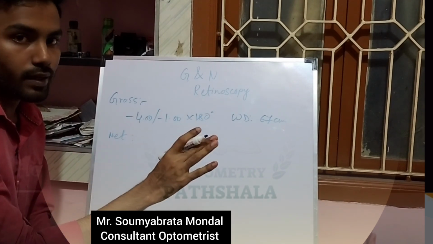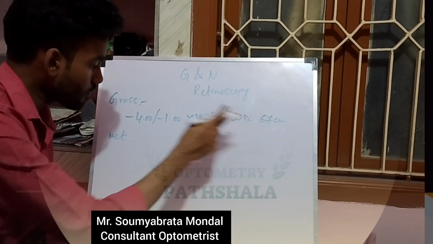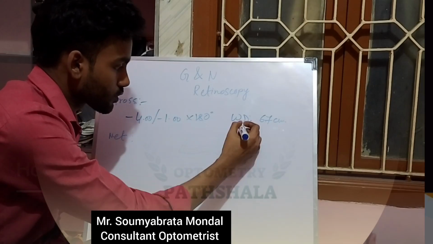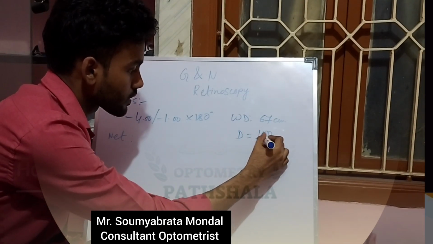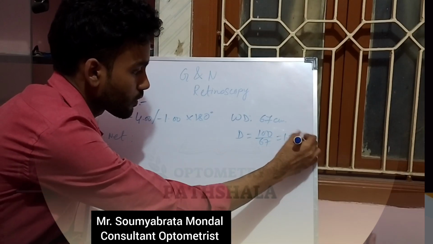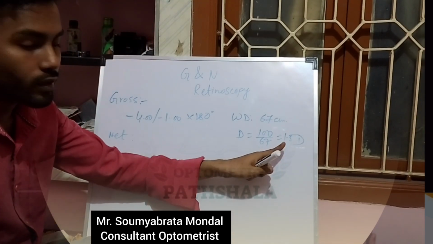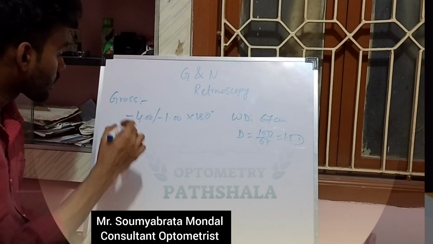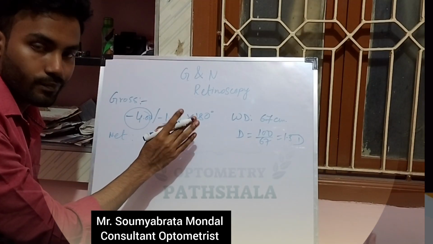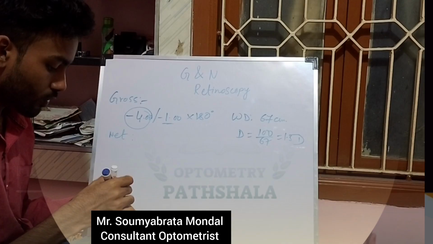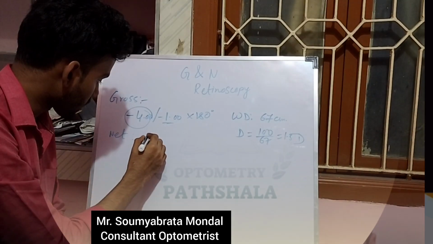The dioptric equivalent will be 100 by 67, which is 1.5 diopter. This 1.5 diopter you have to reduce only from the spherical power, not from the cylinder.